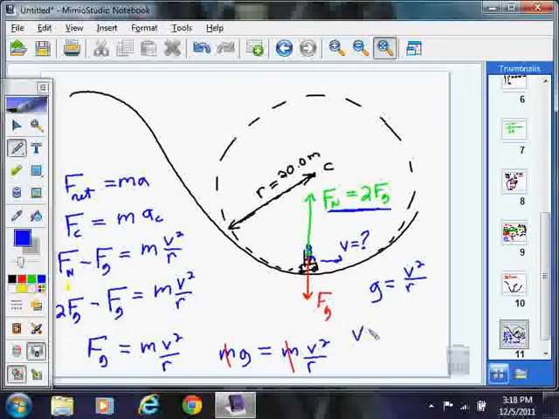So v is going to equal the square root of gr. So it's going to be the square root of 10 meters per second squared times 20 meters.